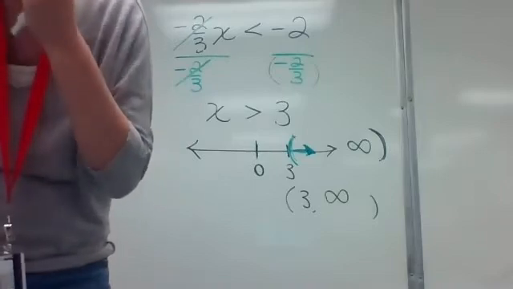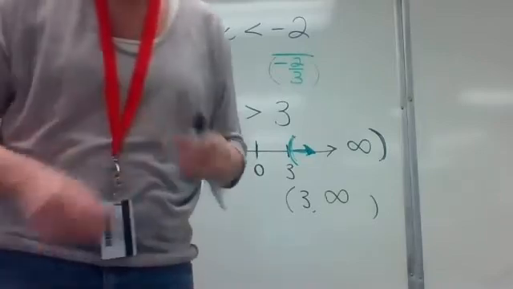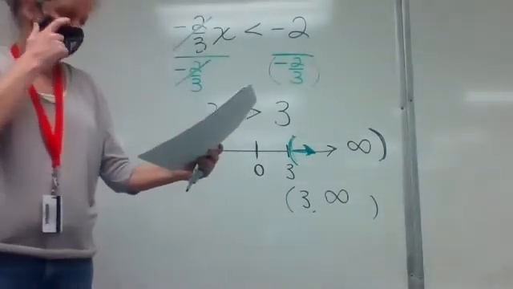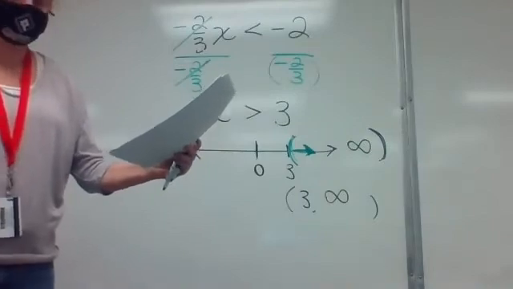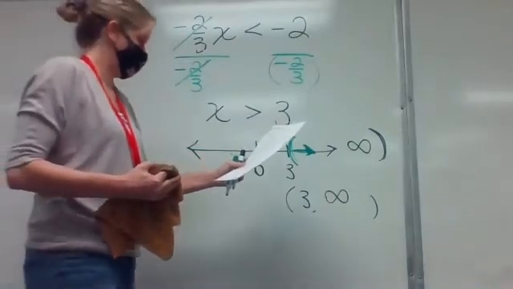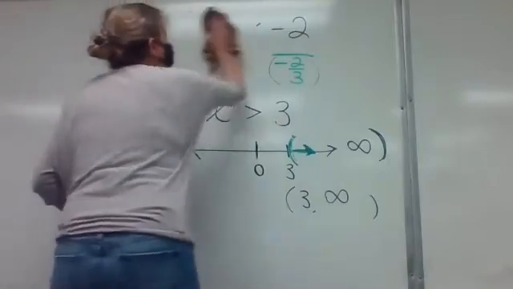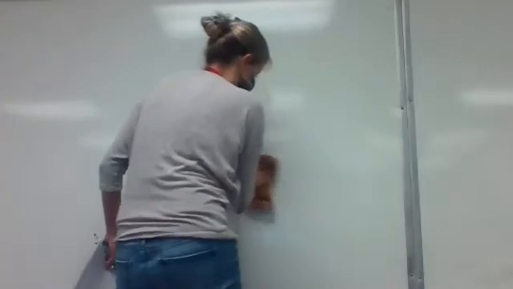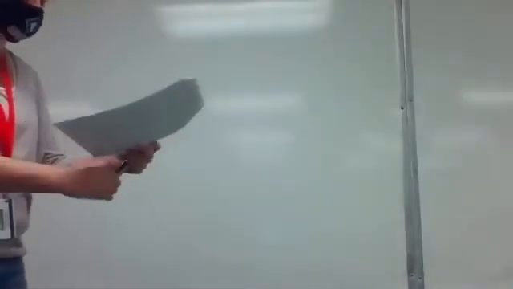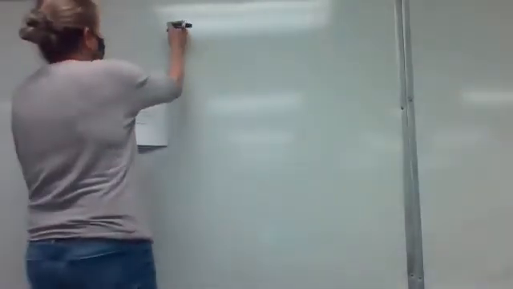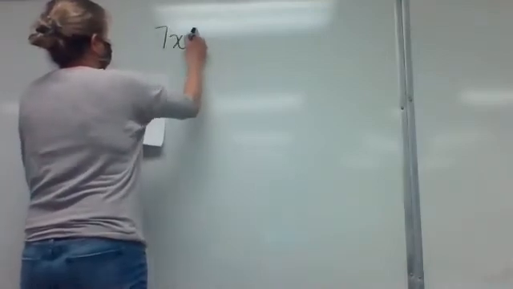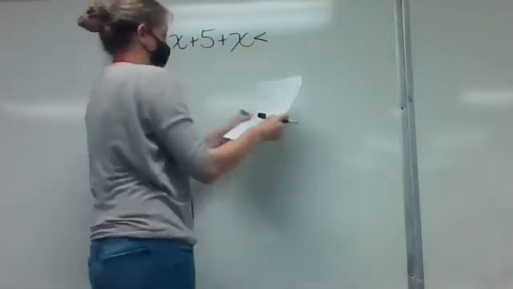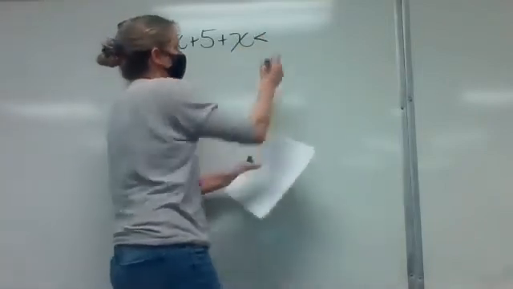All right, number 12. 7x plus 5 plus x is less than 1 plus 4x minus 12.